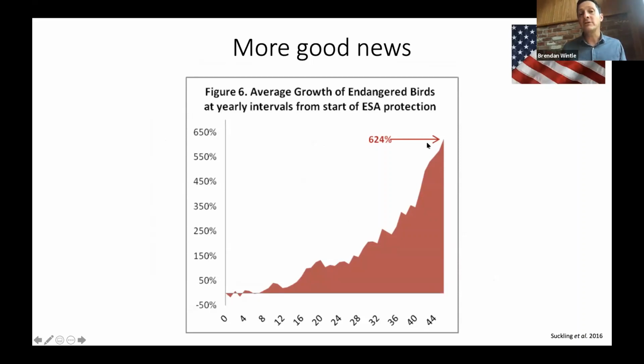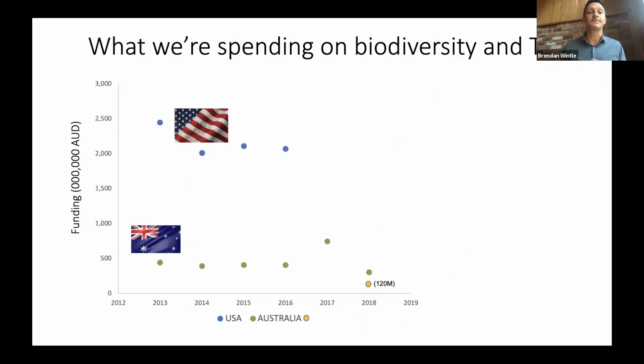The average recovery for birds that are listed under the Endangered Species Act is a 6-fold population recovery, compared with the average trajectory for birds that are not listed of -20%. So the Endangered Species Act works, and I say one of the main reasons it works in the United States is because it mandates funding for species, but also because it mandates the protection of critical habitats. I'll come back to that in a minute.